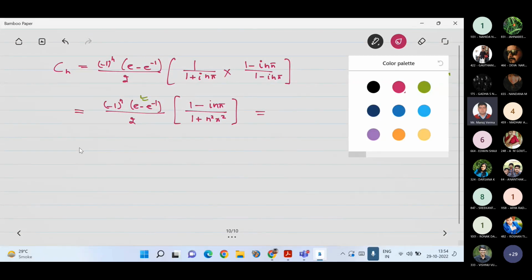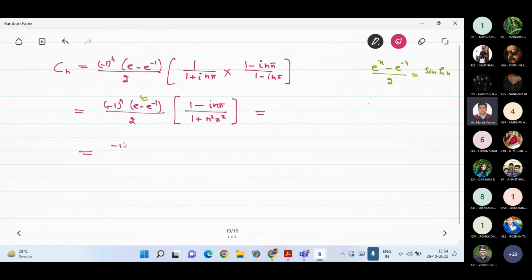This I can write as -1 raised to the power n sine hyperbolic 1 divided by 2 times 1 plus n square pi square, and 1 minus iota n pi, right? This will become Cn.